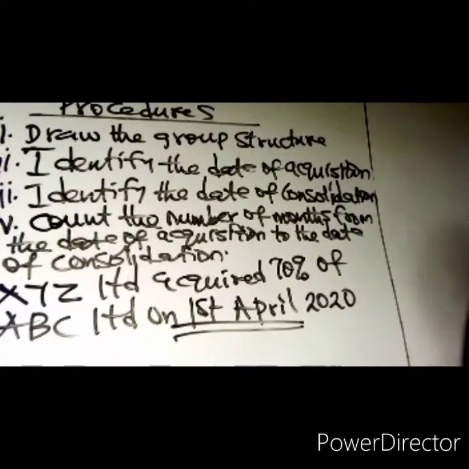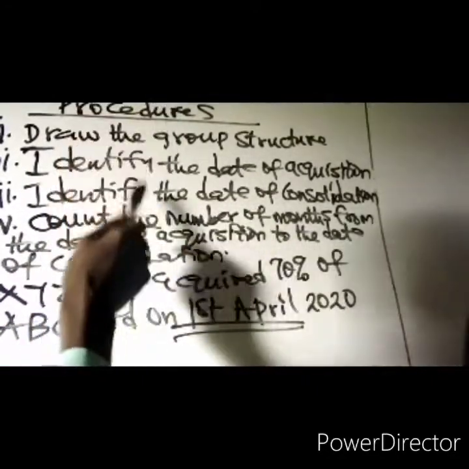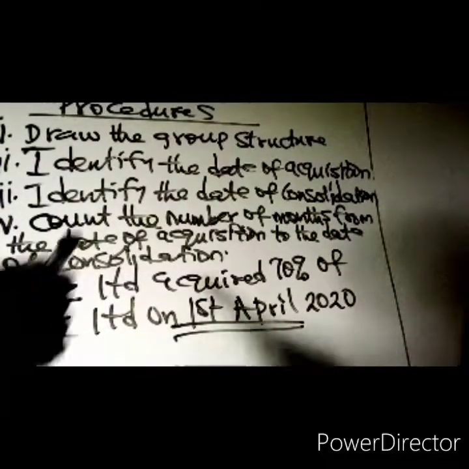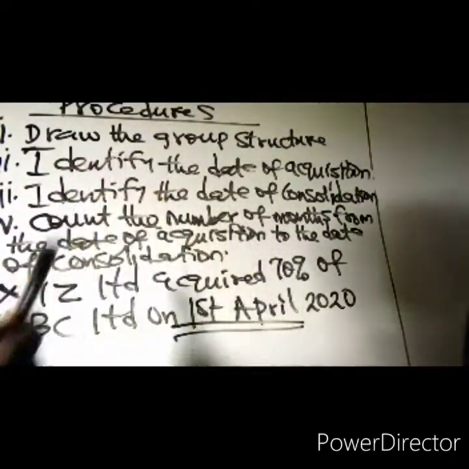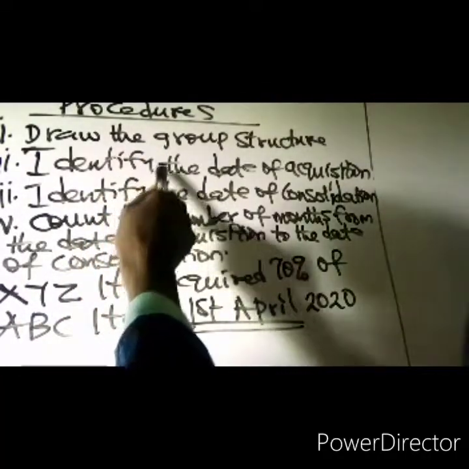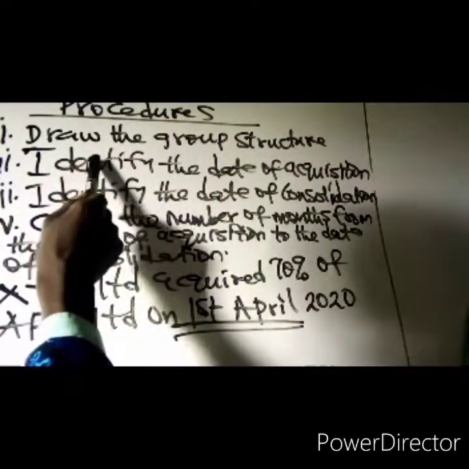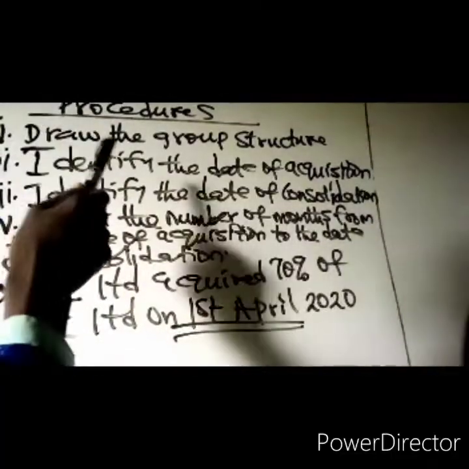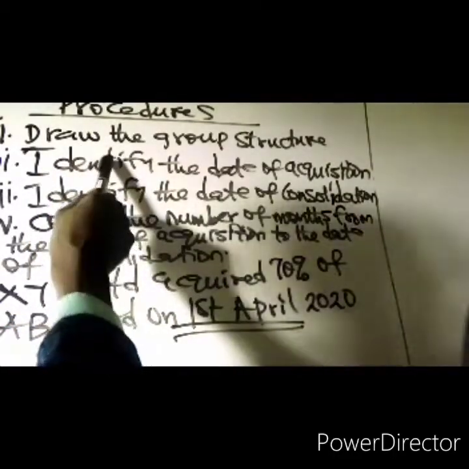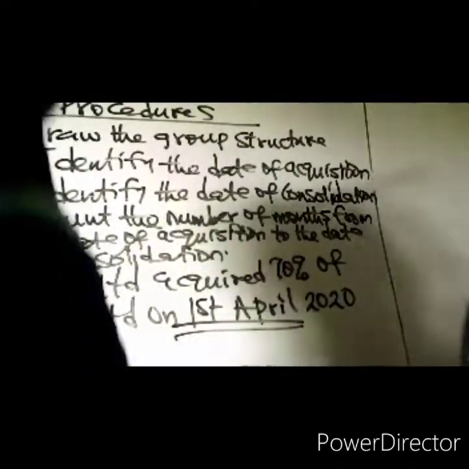Where the number of months from the date of acquisition to the date of consolidation is less than 12 months, you are going to apply time apportionment to the statement of profit or loss of the subsidiary.